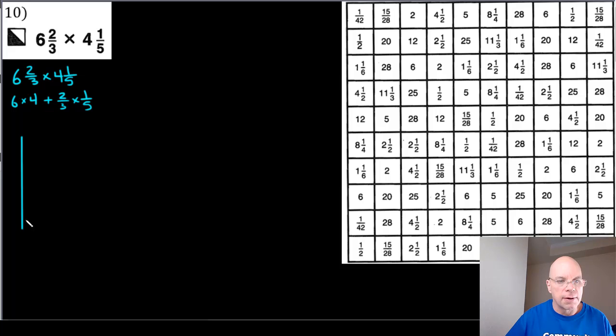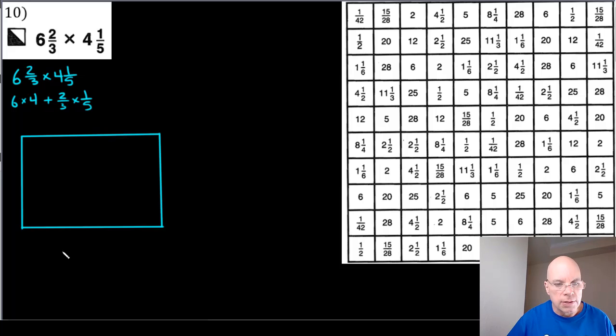If we make an area model, a rectangle, and imagine that the base is our 6 2/3. Well, 6 2/3 is literally what it sounds like, 6 2/3.